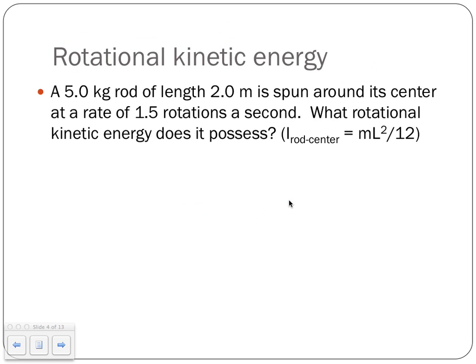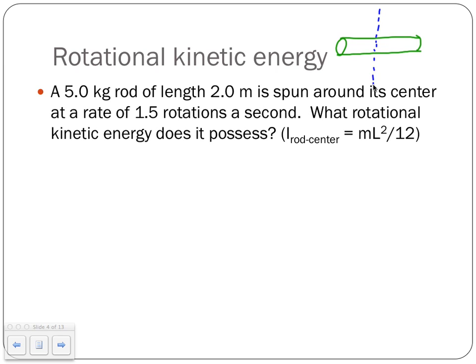So for rotational kinetic energy, let's work out an example. A 5 kilogram rod of length 2.0 meters is spun around its center at a rate of 1.5 rotations a second. What's the rotational kinetic energy that it has? We have some rod right here, and we are going to spin this rod about its center.